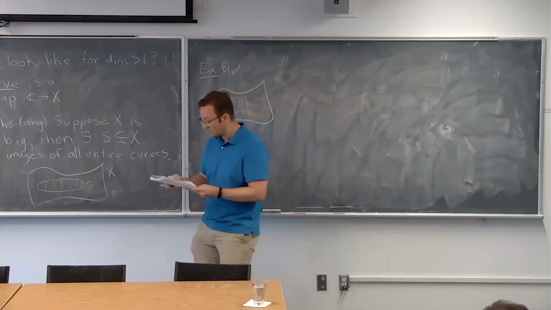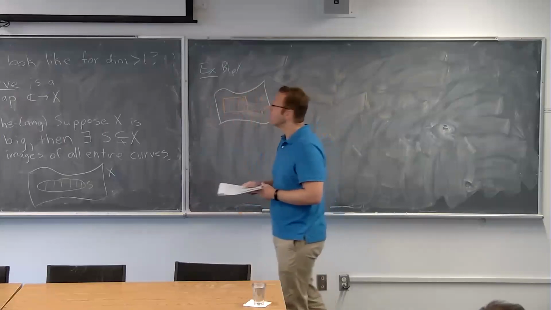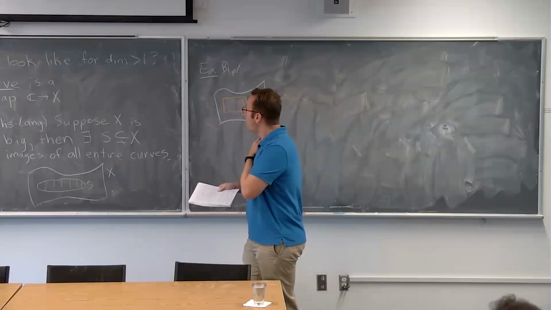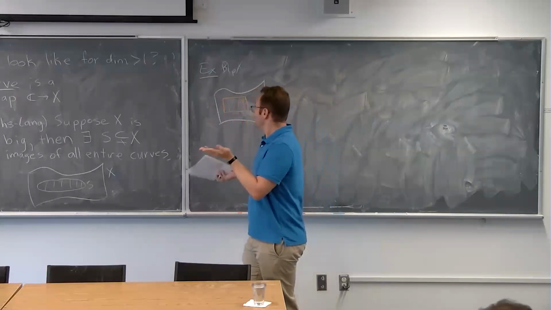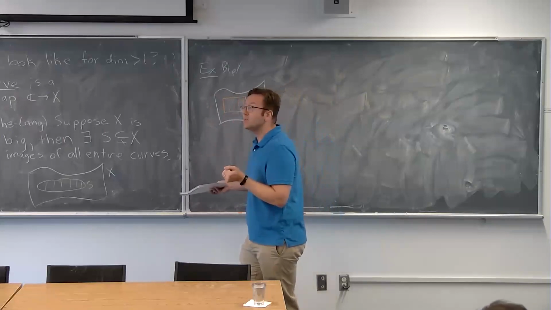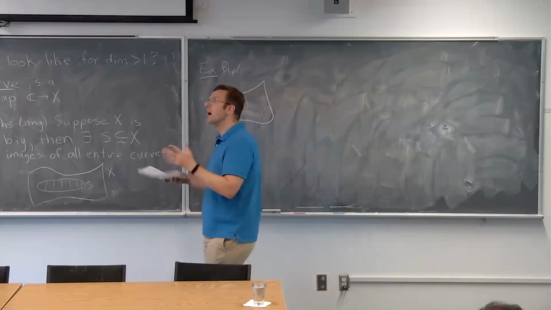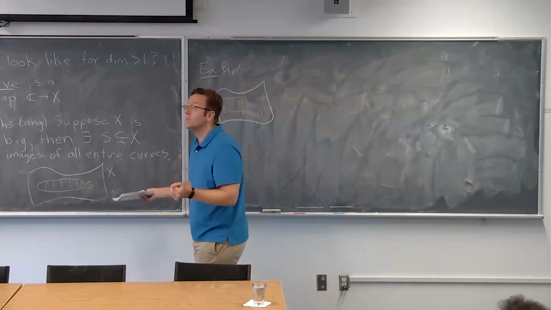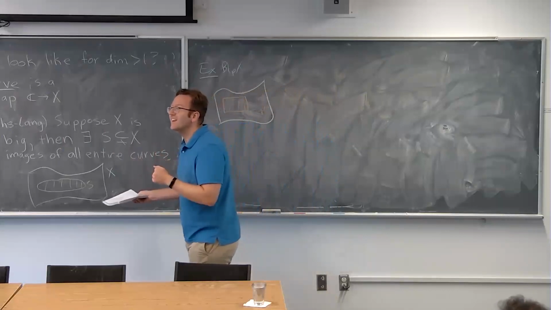Is it the case that in general your subvariety will be of codimension one? No, there's no particular reason to expect that. You could always take the subvariety to be of codimension one, because it is the same statement.